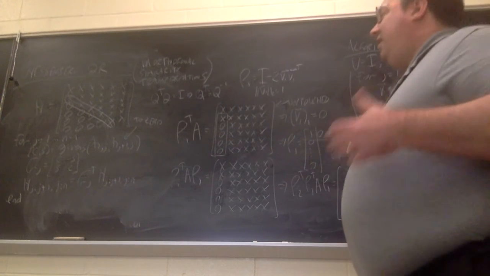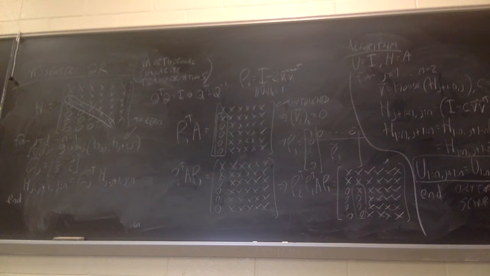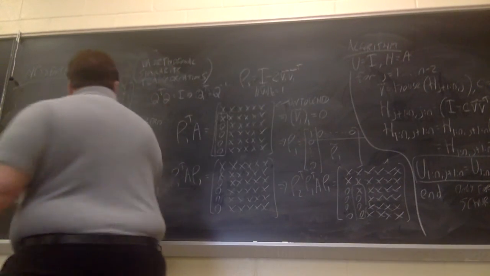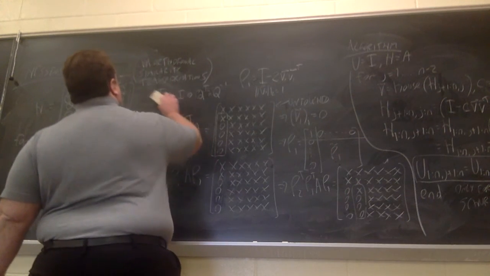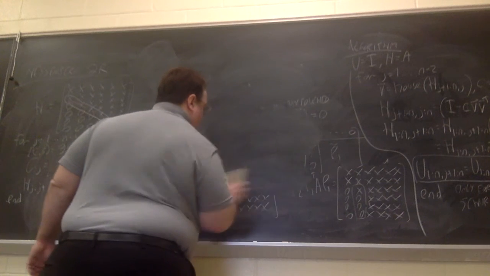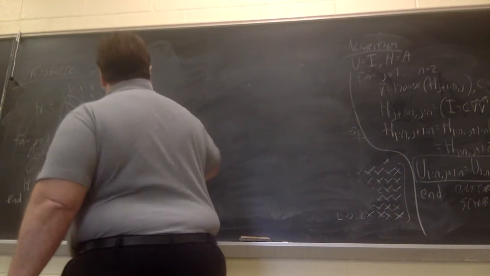But I'm not done, because remember, anything I multiply by on the left, I have to multiply by the transpose on the right, because this is a similarity transformation. Apologizing once again for my terrible board use. The algorithm continues up here.